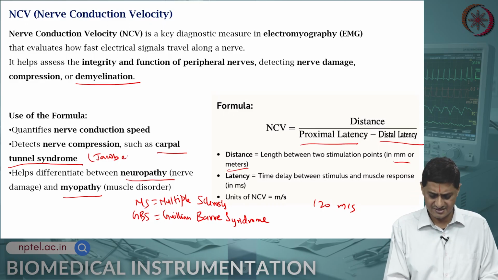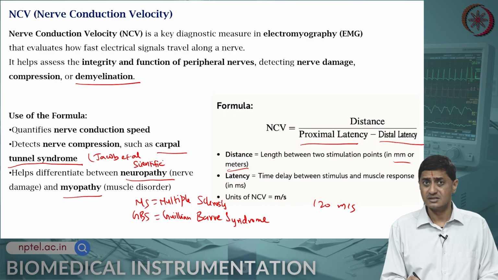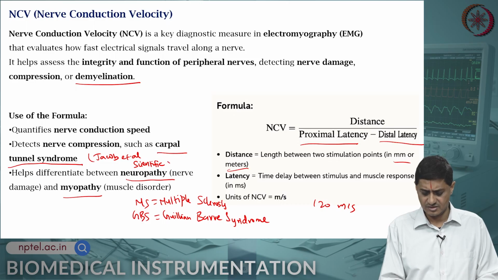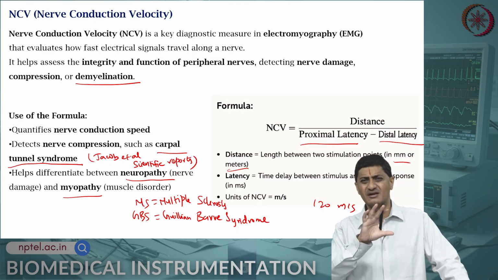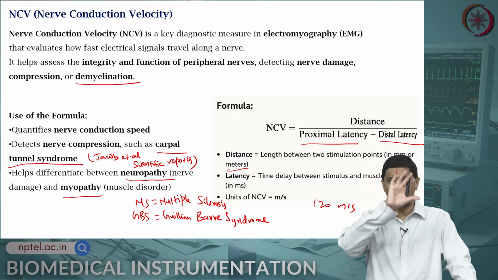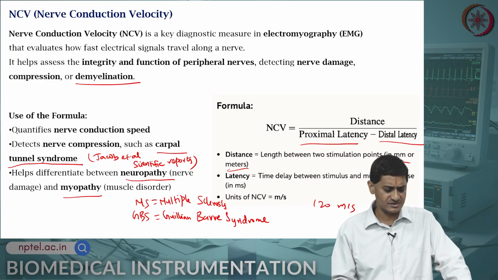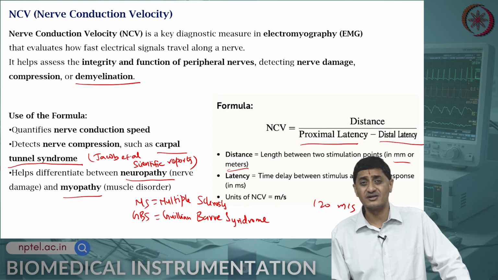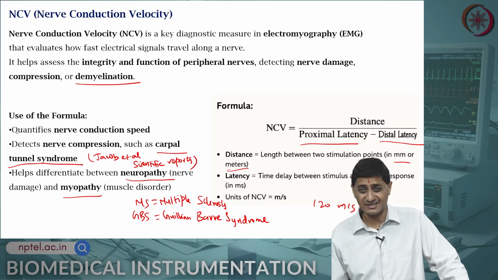Jacob et al., Scientific Reports. You just Google Jacob et al. Scientific Reports carpal tunnel syndrome. This will be the most recent publication, or you can check my website. In that website, I have given the title of the paper and the entire paper for you to read. This is a topic in which we have worked on carpal tunnel syndrome, but now we have digressed.